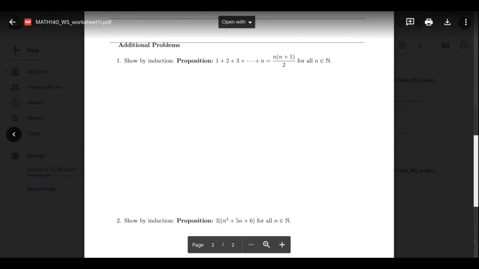Same thing, right? Show P of 1 is true. Assume P of n. Then use your assumption P of n to prove P of n plus 1.